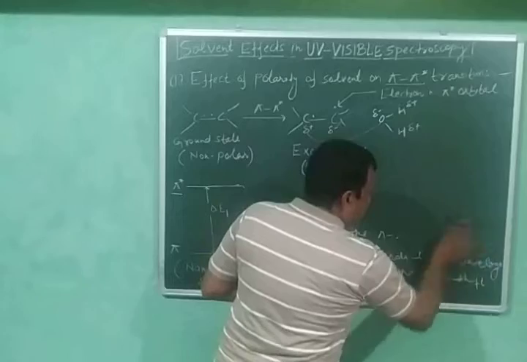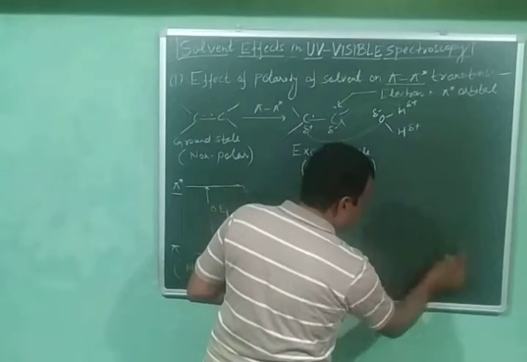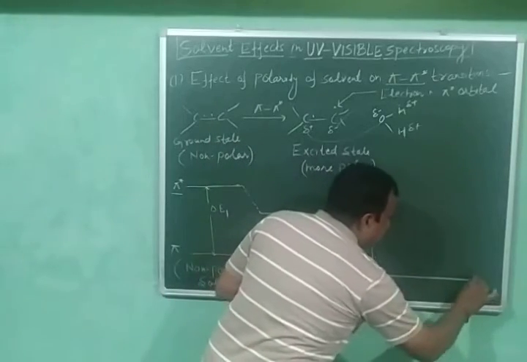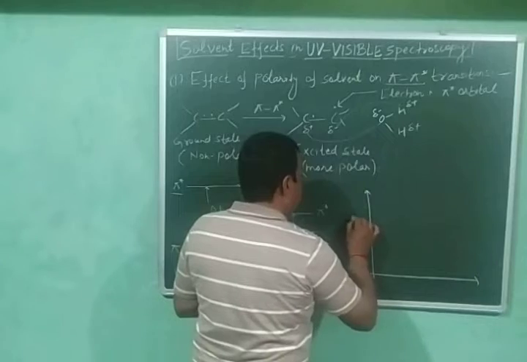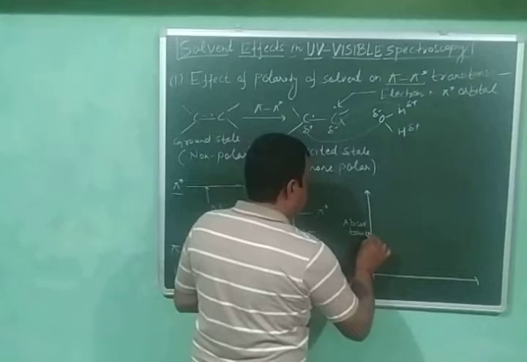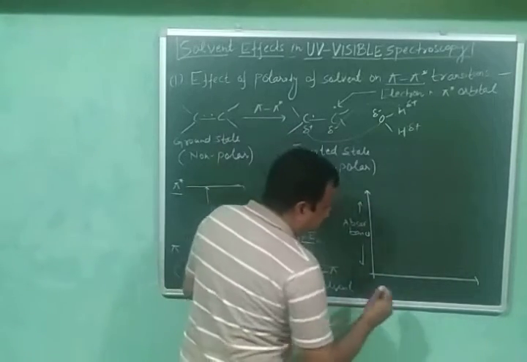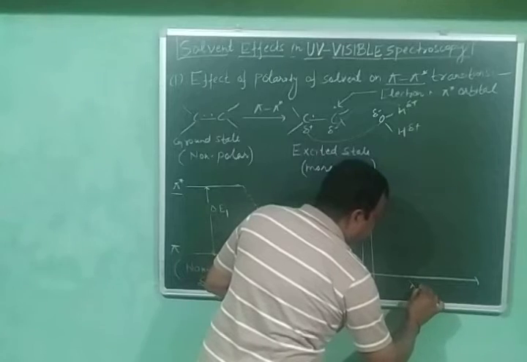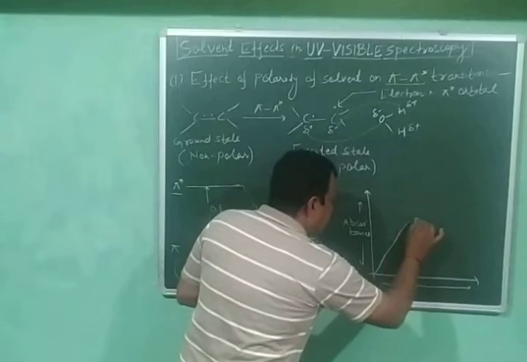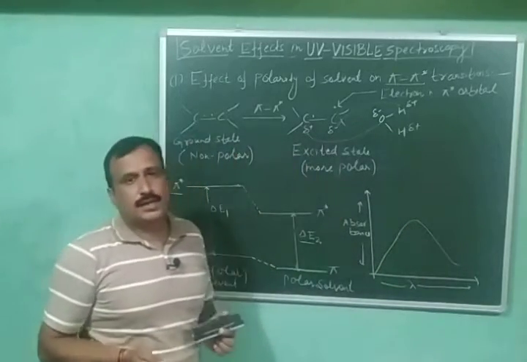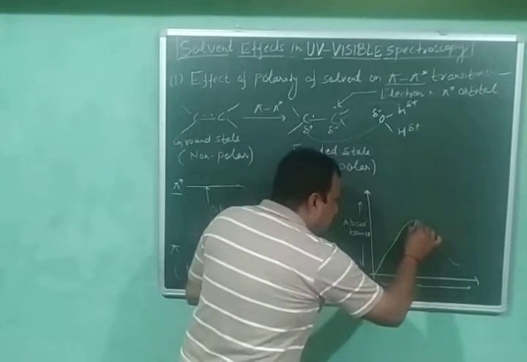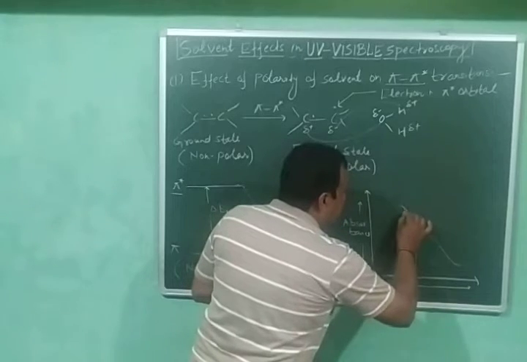Okay, so now let us represent it in the form of a spectrum. Here we have absorbance along the y-axis, and along the x-axis we have the wavelength. Suppose this is the UV spectrum of a compound in a non-polar solvent, then this will be the value of lambda maximum.